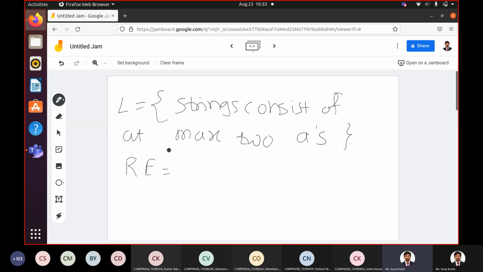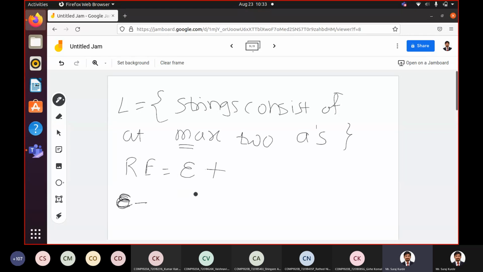What will be the regular expression? For 0 times, what will be the regular expression? What is epsilon? Yes, any character which is repeated 0 times is represented using epsilon.